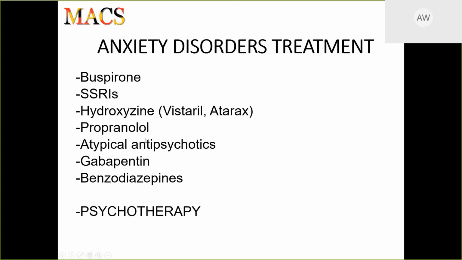Atypical antipsychotics, so there are people using things like quetiapine or Seroquel more for anxiety. Gabapentin or Neurontin, a lot of use of that as well. And then I put here at the bottom benzodiazepines. Again, we'll talk more about that: they're not an absolute contraindication, but you certainly need to be careful.